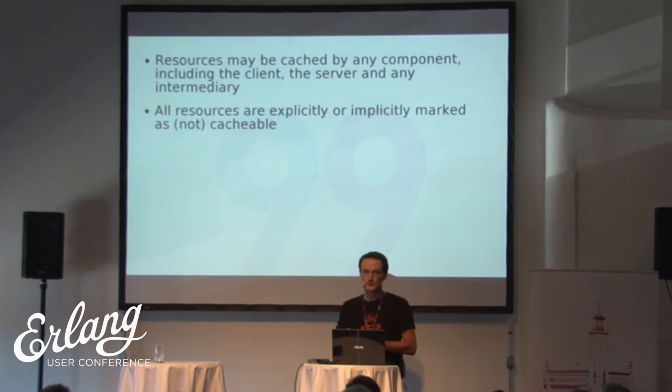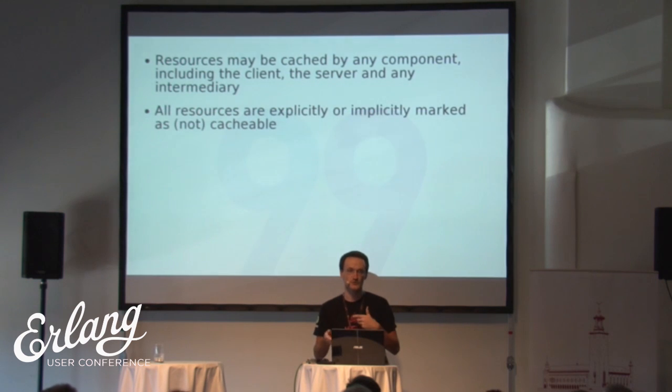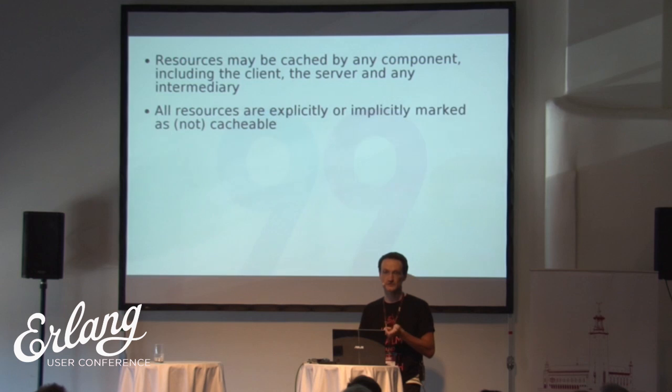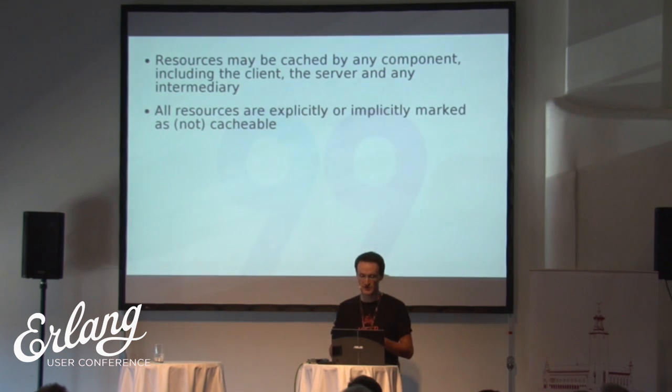And for all the resources we can know whether this resource can be cached or not. This is very important. This isn't always explicit. For example, with HTTP, you have some implicit rules about this, but you can always say, I can cache this or not. And it's always the server that controls this mechanism.